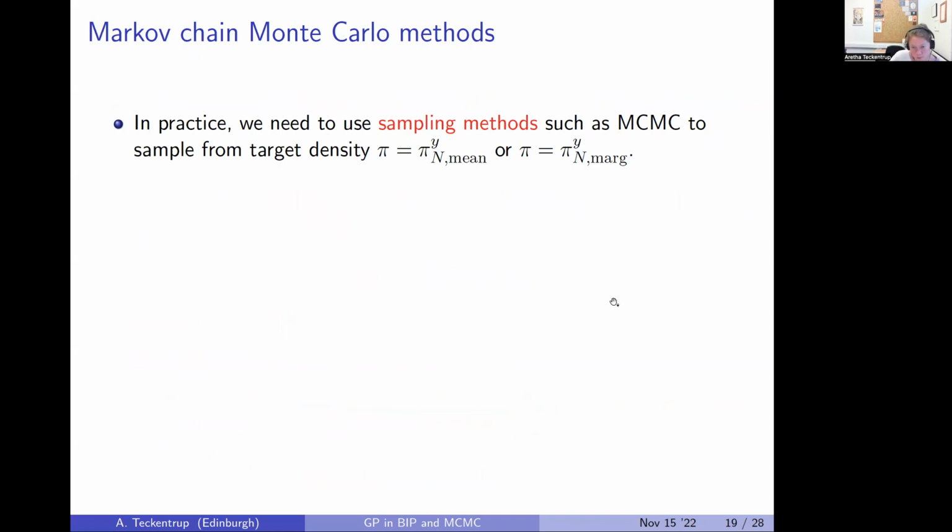Right, so in practice, you then have to think about how to actually sample from these approximations. So we now have our mean-based approximation and we have our marginal approximation. We've seen that the marginal approximation corresponds to a variance inflation, essentially. In practice, you then still have the question of how to actually sample from these densities.